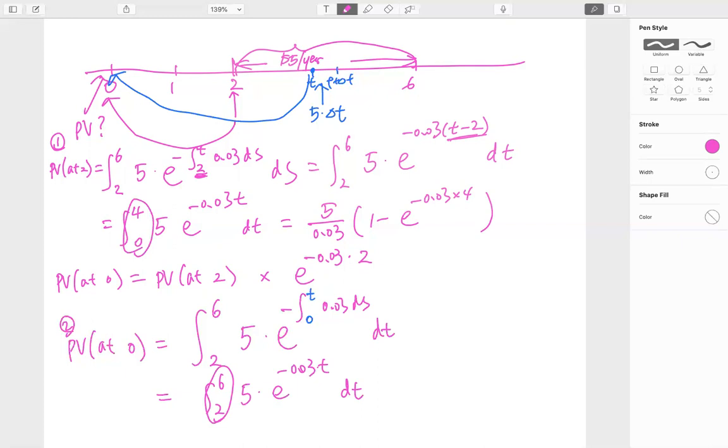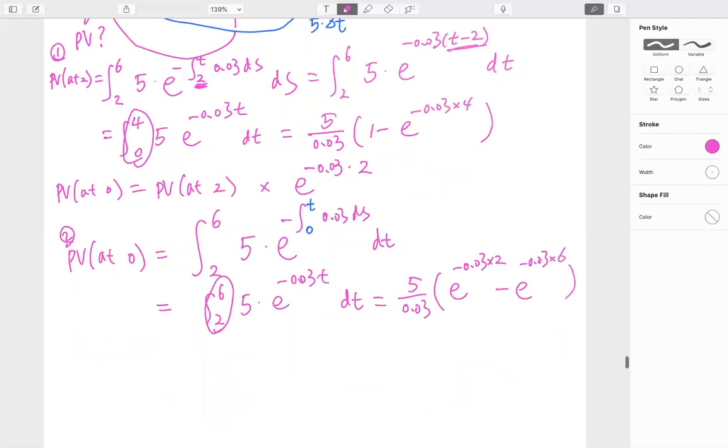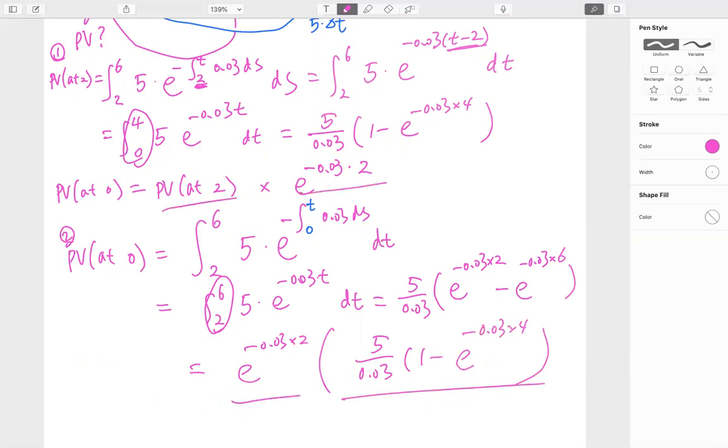That's because when you divide by this, it will be e to negative 0.03 times 2 minus e to negative 0.03 times 6. So you can easily factor out the discounting factor for 2 years, and then what's inside will be 1 minus e to negative 0.03 times 4. So obviously, those two methods will give you the same result.